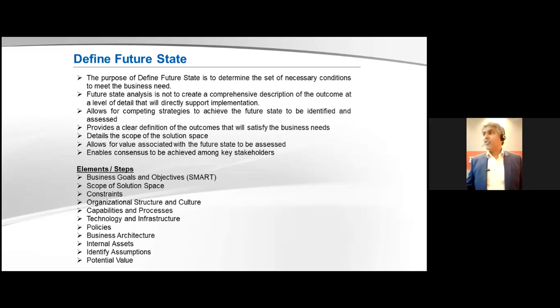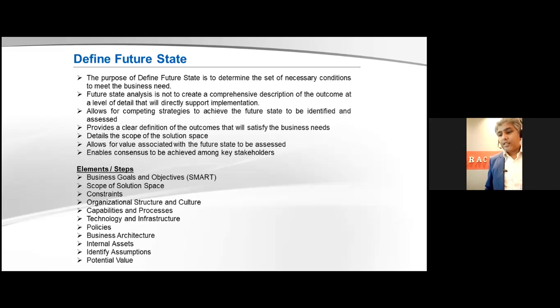When you are defining your business objective, you have to make sure that it is SMART. I'm sure you might have heard this name. SMART comes from specific, measurable, attainable, realistic, and time bound.